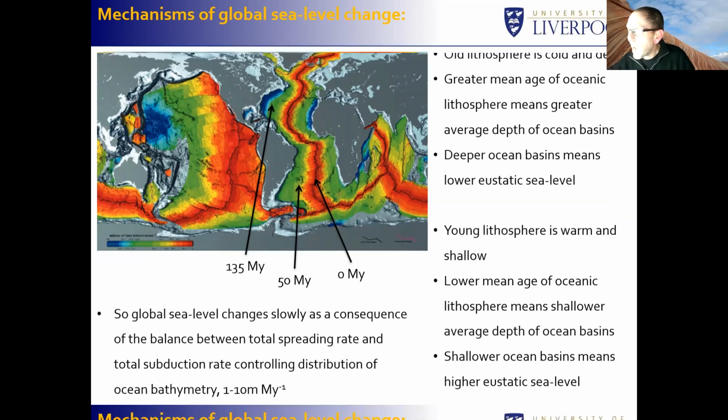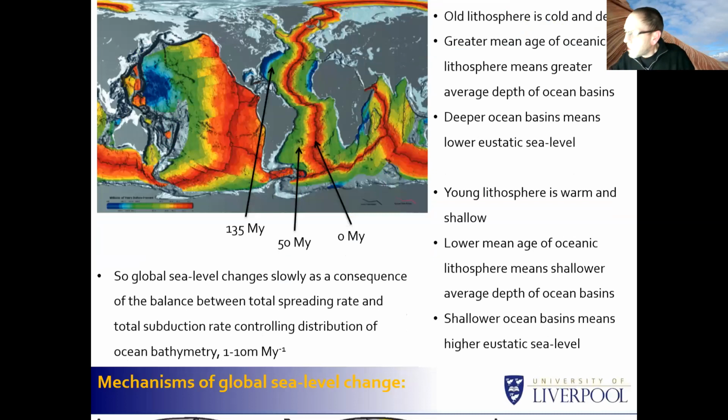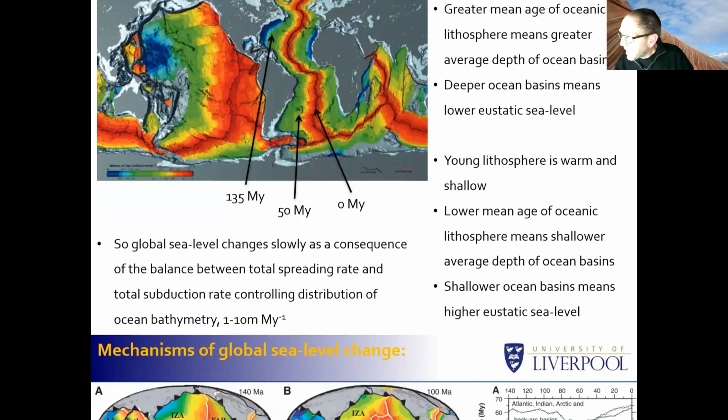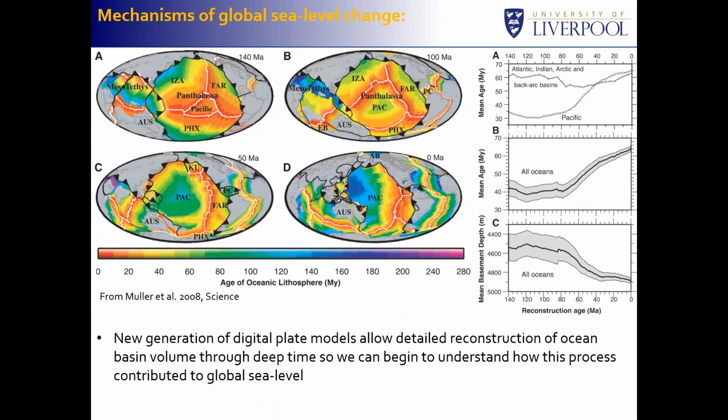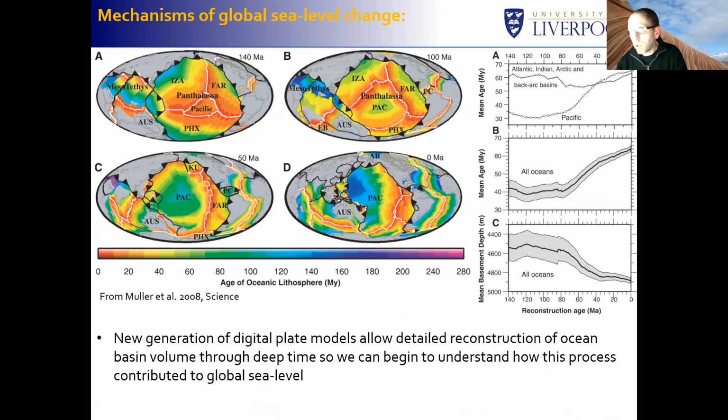And here are some reconstructions of that. What people are now doing is building digital plate models back through time that try to reconstruct some of these processes, to understand, for a given distribution of plates and oceanic lithosphere, what sea level would likely have been given the reconstruction of ocean basin volume.